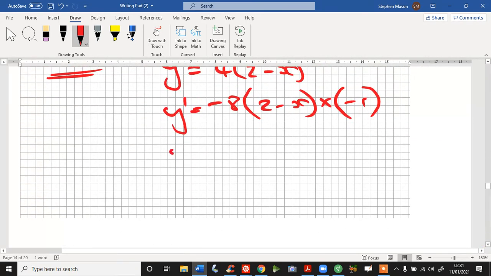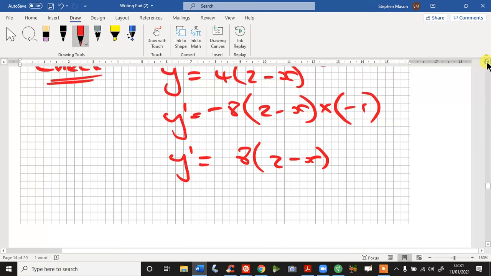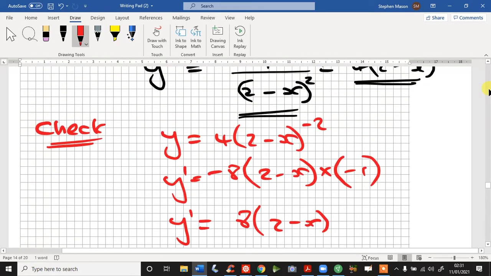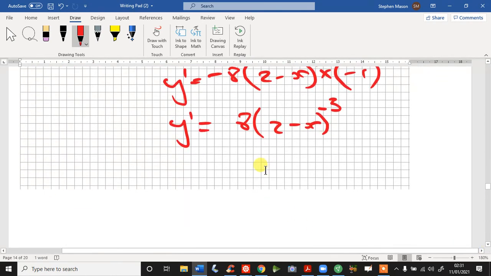Actually, I've missed something out, haven't I? That becomes a minus 3 up there. So y prime is equal to 8 times 2 minus x all to the power minus 3.